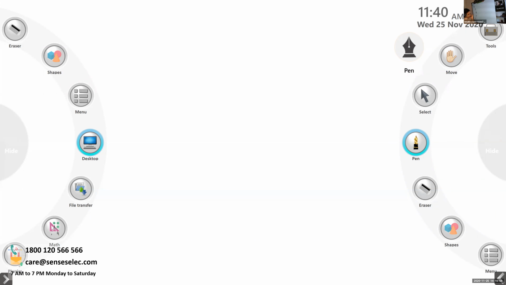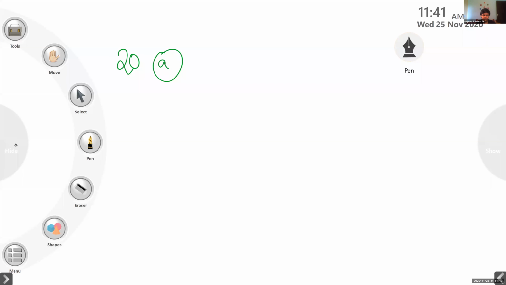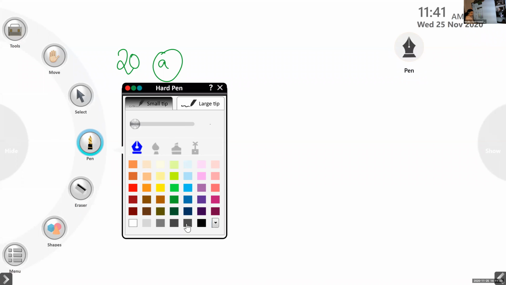So what can we write? We have to write question number 20A. Can you tell me the first sentence? Nizam did 3 by 7 of his painting in school. So, what is it? Fraction of painting Nizam did in school. Okay, we are writing here fraction of painting.